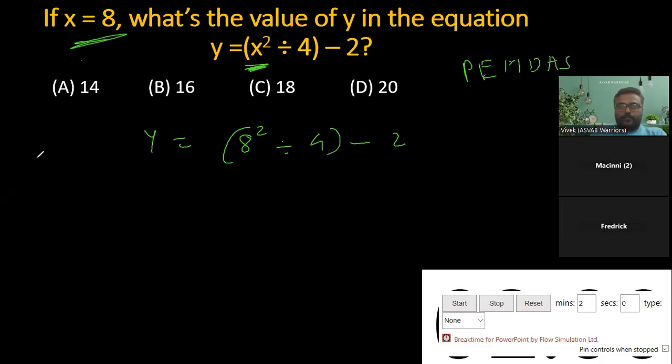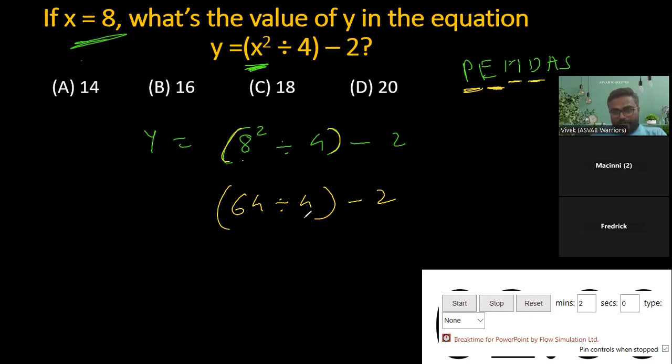Now PEMDAS. We are going to solve the parenthesis first. Now in the parenthesis, there is exponent and division. So exponent comes first. So 8 square means 8 times 8, which is 64, divided by 4 minus 2. Now is there multiplication? No. Is there division? Yes.